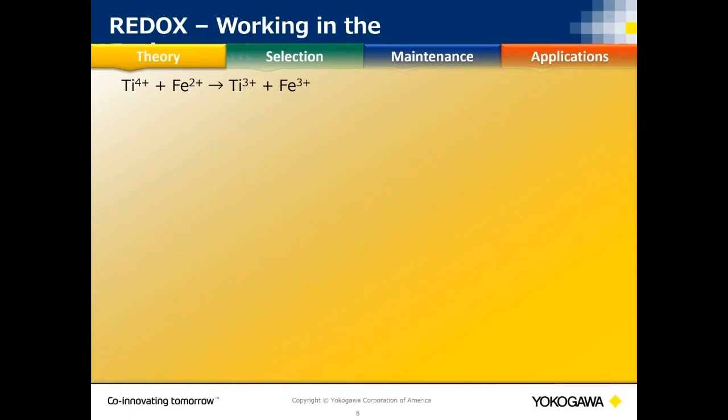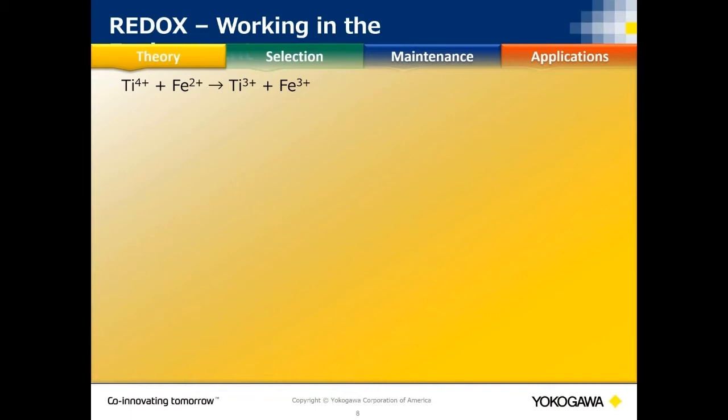So if we're adding something into the process that we call an oxidizing agent, it's actually causing something in the process to be oxidized. And those reactions generate positive or negative millivolts depending on which reaction is taking place. So something that's oxidized generates a positive millivolt, something that's reduced generates a negative millivolt.